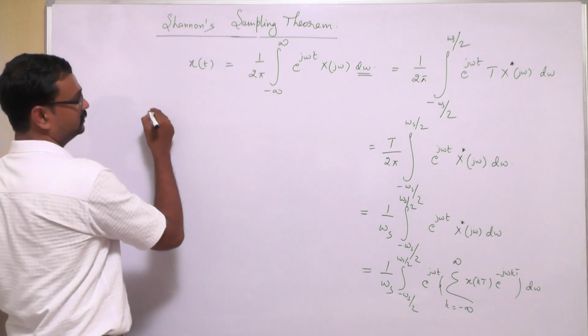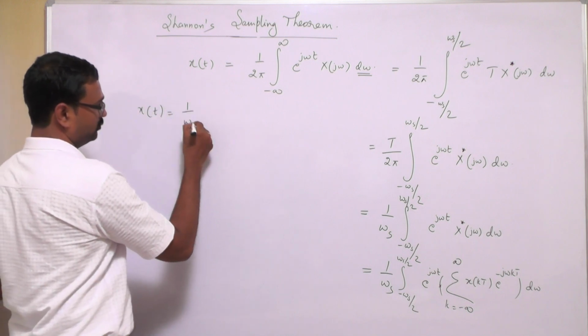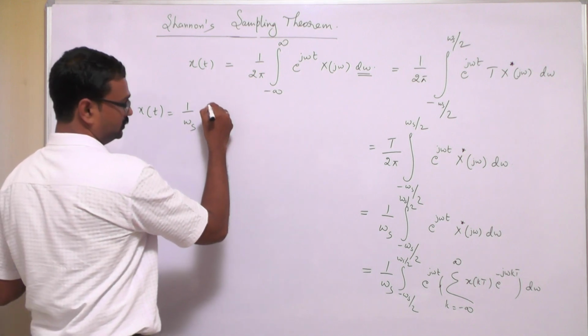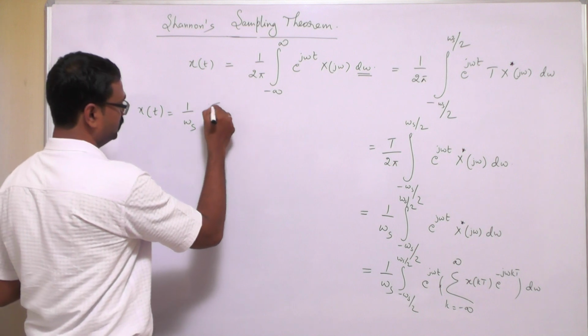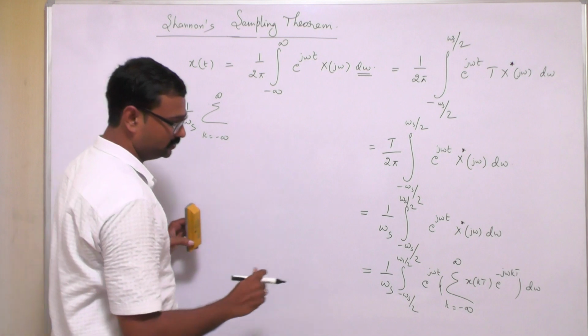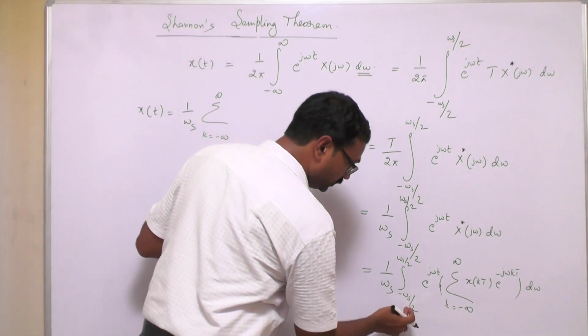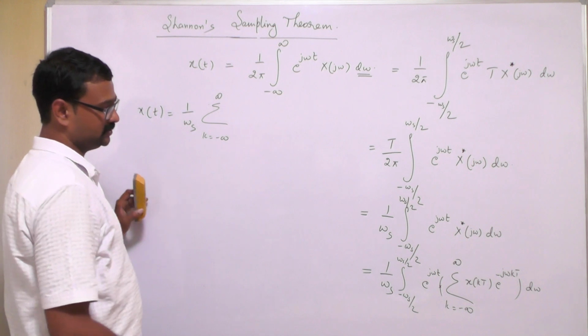Now we can say that x of t can be given as 1 by omega s sigma k minus infinity to infinity. Without any loss of generality, you can interchange the integration and summation.